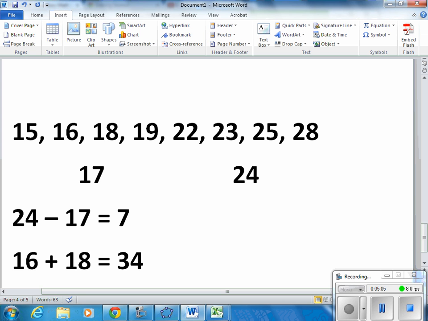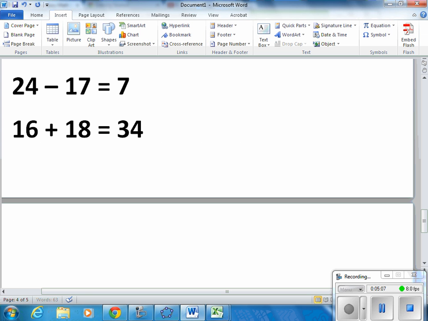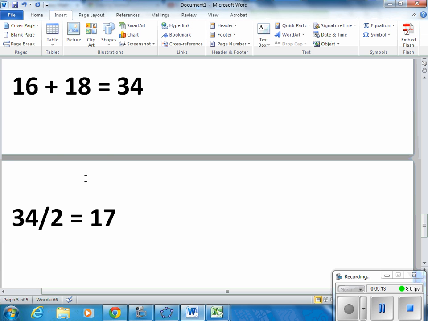And then I'm going to take half of that. If it didn't happen to be obvious what the number is, then we just do the math, add the two together, divide by 2, find the average.